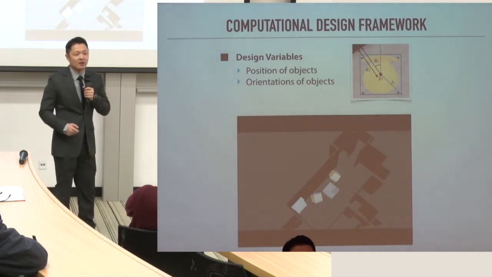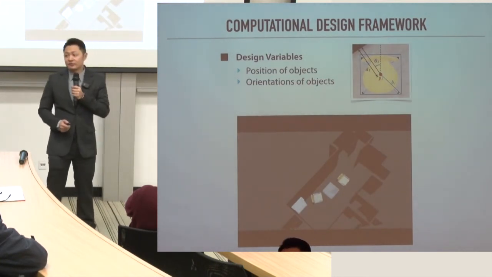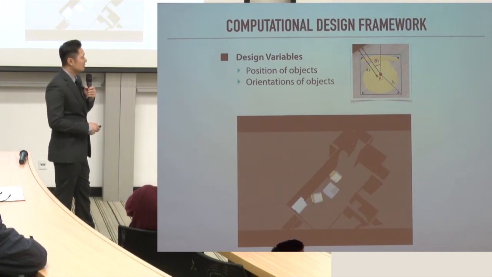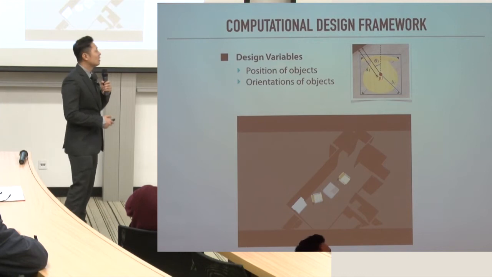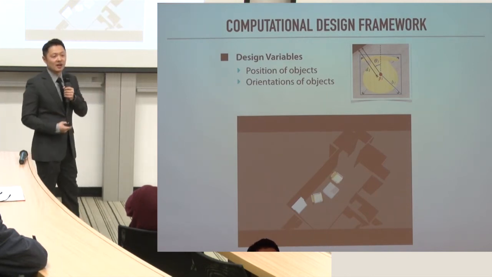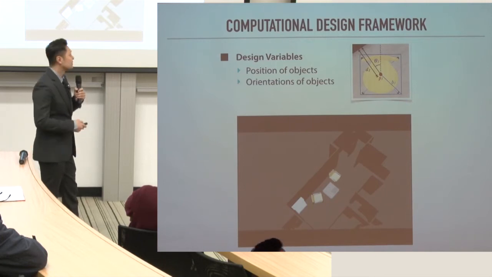And the changeable aspect of design will be the design variables. And it will be optimized during the optimization. For example, in an interior design setup, it could be the position of the objects. If I move the object, I'm changing the interior design. Or I can rotate the objects.